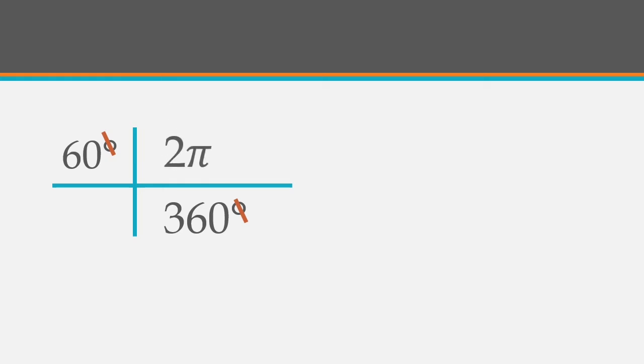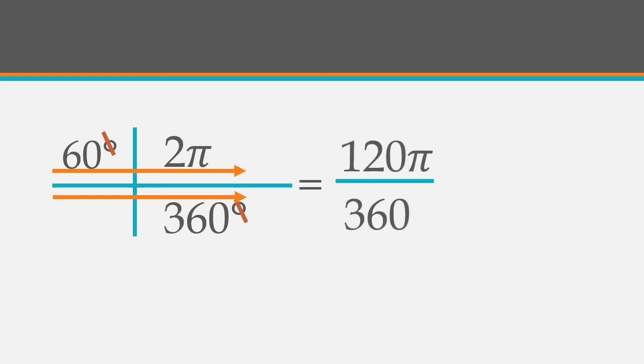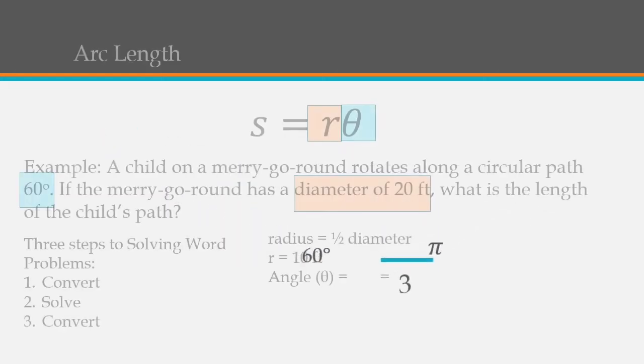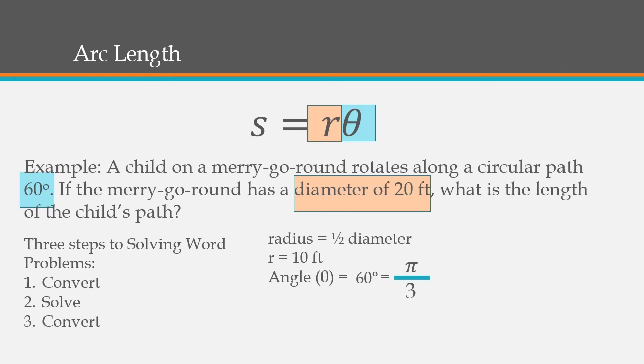We put 2 pi on top because that's a full circle in radians, and we multiply straight across. That gives us 120 pi over 360. Those cancel out to give me pi over 3.